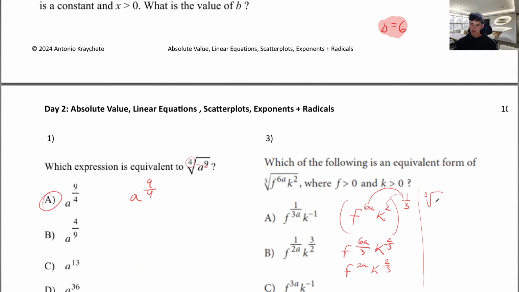So there'll be the cube root of f to the 6a times the cube root of k squared. And now we can transform this into exponents since we got just one term. Then we don't need to worry about distributing afterwards. So that's f to the 6a divided by 3 times k to the 2 over 3. And that brings us back to what we had here.